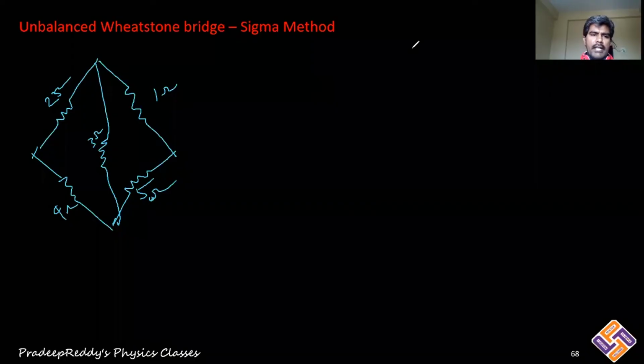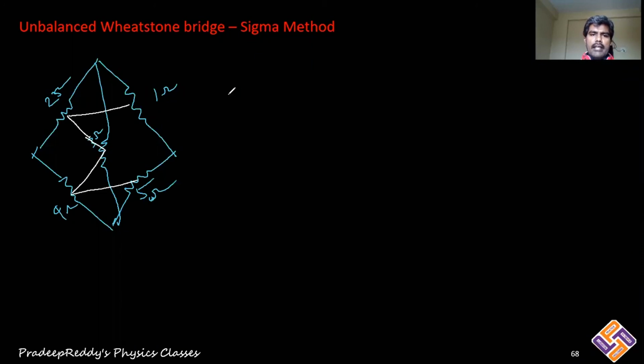So this is an unbalanced Wheatstone bridge, and you should start from here, sigma. Start from here 1, 2, next 2, 3, next 3, 4, and next 4, 5. That is sigma.